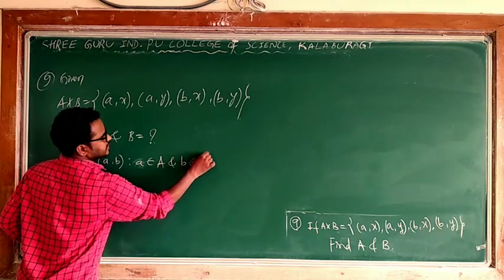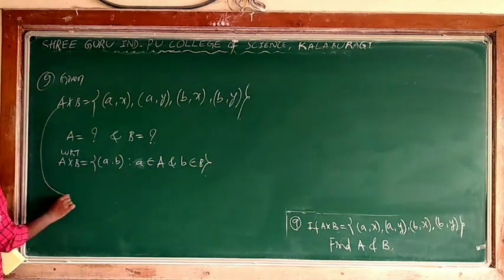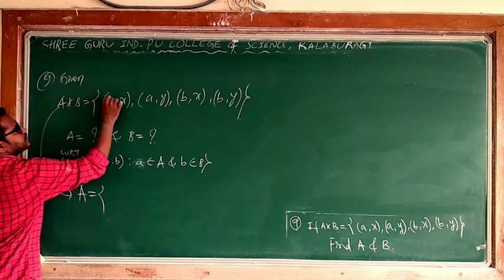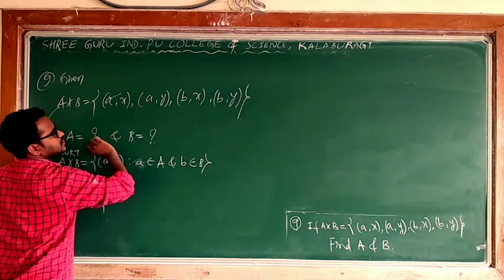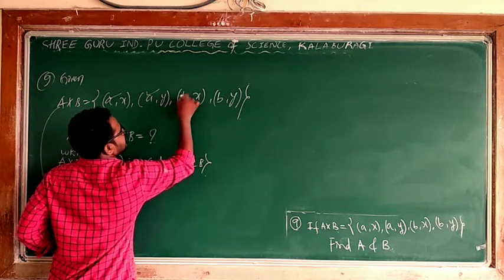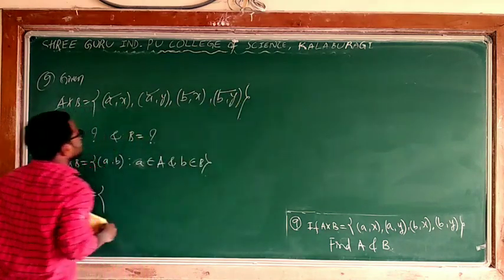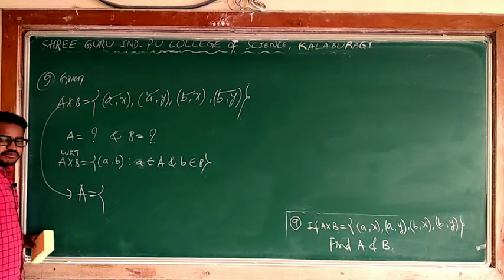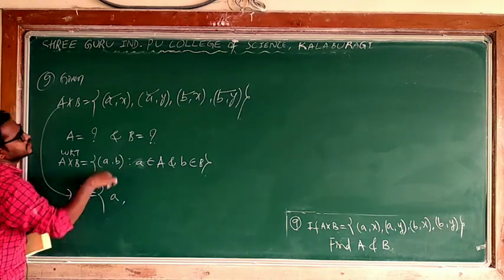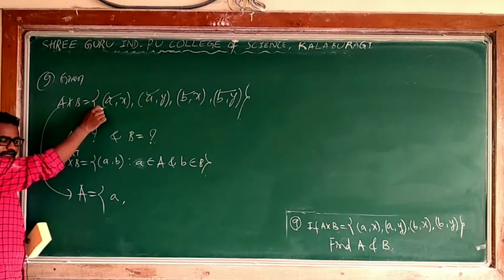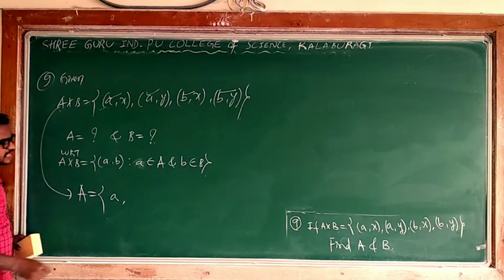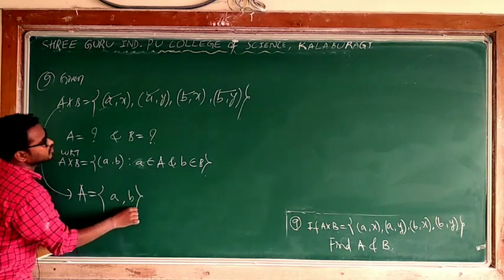Means can I say here, according to this problem, A is equal to first element a, again a, don't consider it again. When a is repeated you consider it once only, means while writing in the set case we will write only once. A, first element of the Cartesian product is an element of the first set, means I can say A is {a, b} because a and b are the first elements.